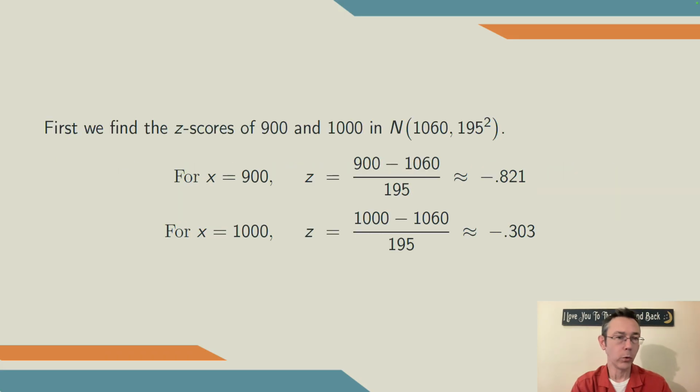So what we're going to do here is translate each of those two values of interest, 900 and 1000, into z-scores, just using that z-score formula, (x minus mu) over sigma. In these two cases, we get z-scores of negative 0.821 and negative 0.303 respectively, indicating that each of these two values are a little bit below the average performance on this exam.